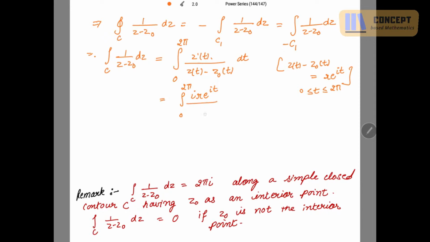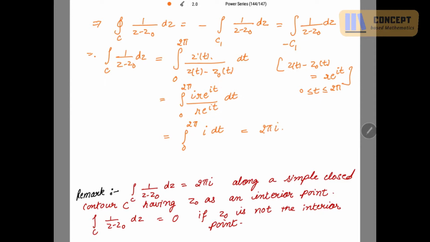So this is r e to the power iota t over r e to the power iota t, dt, which is further equal to the integral from 0 to 2 pi of iota dt, that is equal to 2 pi iota.